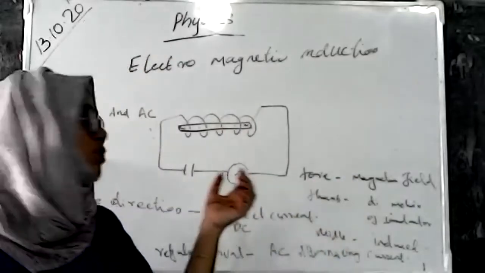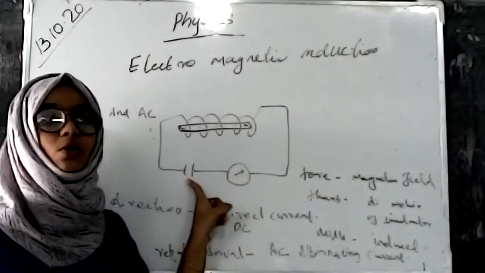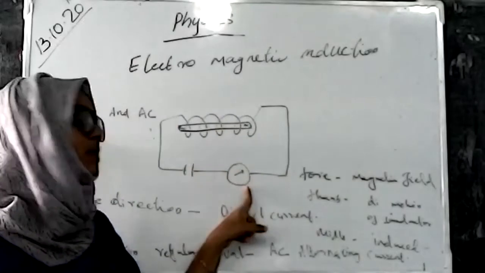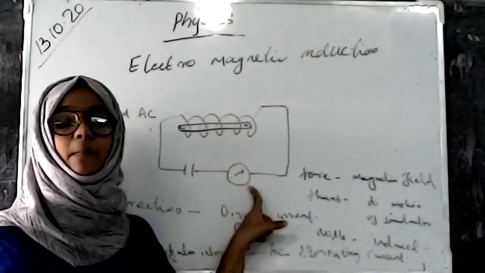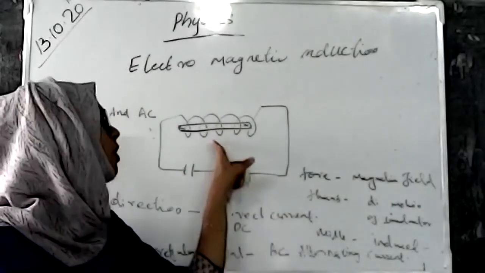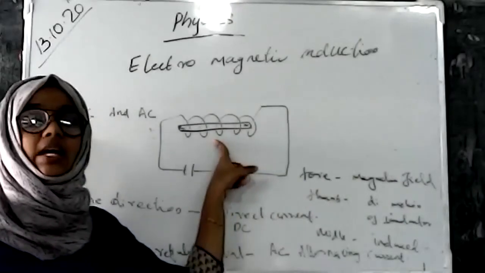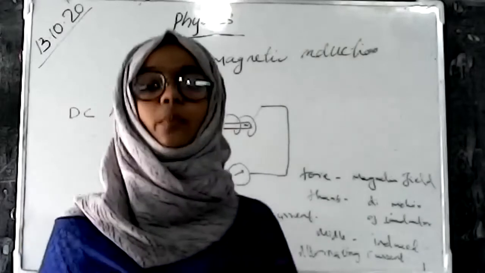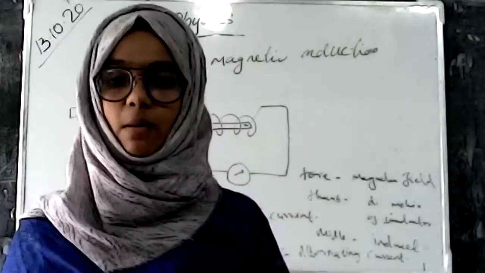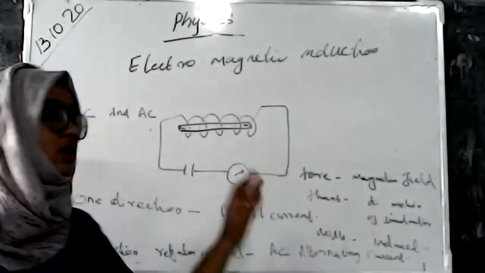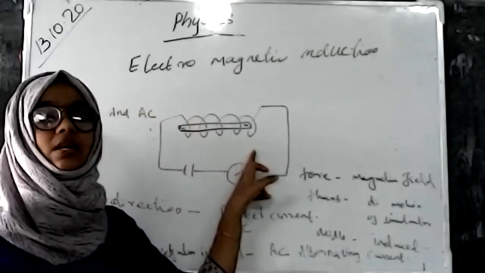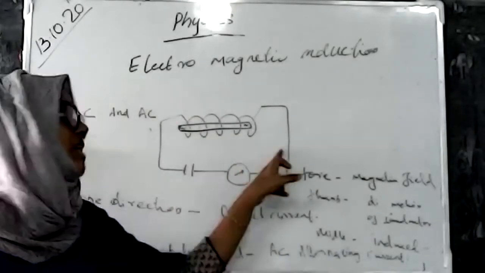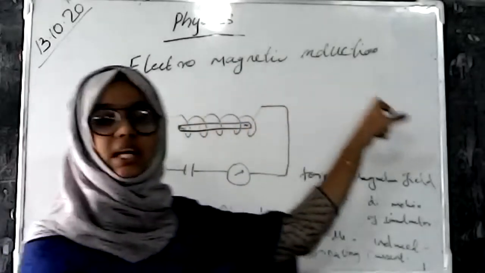The cell is used to supply the potential difference to this circuit. The galvanometer is used to detect the production of current. The solenoid is used as the electromagnet, and the straight conductor is used for producing the induced EMF. Based on the working of this circuit, we state electromagnetic induction.